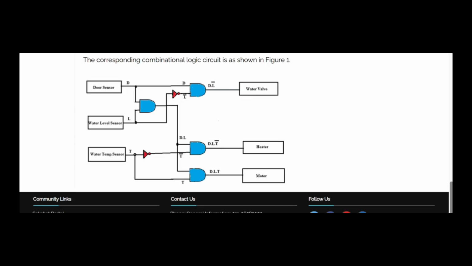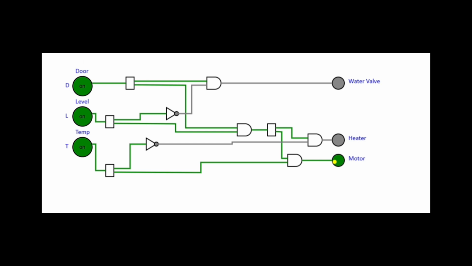This is the logic diagram of the combinational logic circuit. Now we are going to plot this. When you give the door, level, and temperature as input, the motor turns on. When the door and level are given as the input, you will get the heater as the output. When you give the door and the temperature as the input, you can get the water valve as the output.